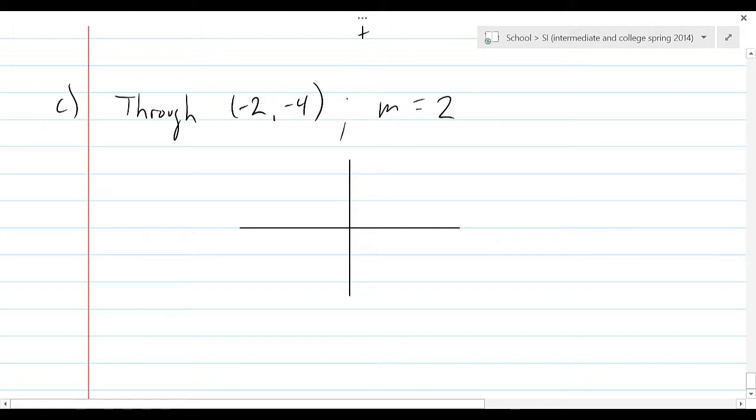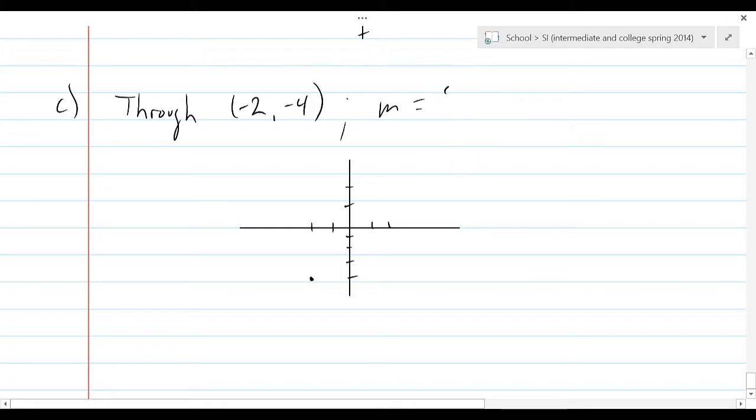So I've got 1, 2, 3, 4, 1, 2, 1, 2, 1, 2. Well, my initial point is way down, negative 2, so that's to the left 2, and down 4, which is right... Oh no, I meant to color you in. Right there. And the slope is 2 over 1. Not 2, what am I doing? Erase.